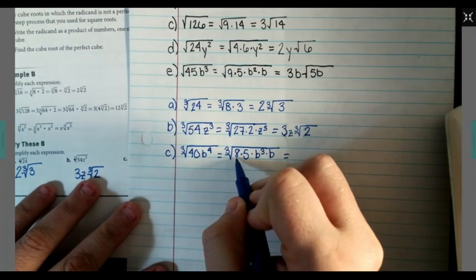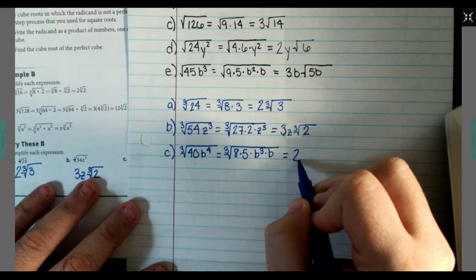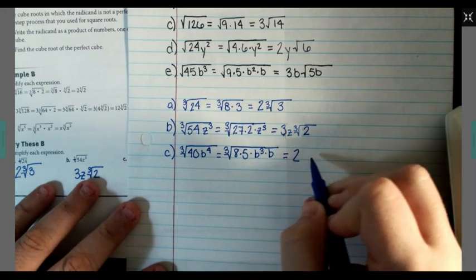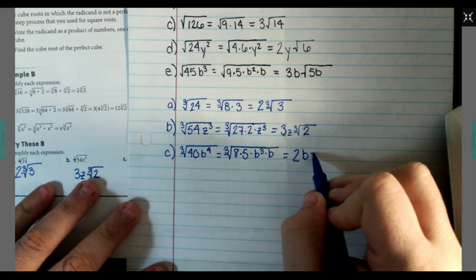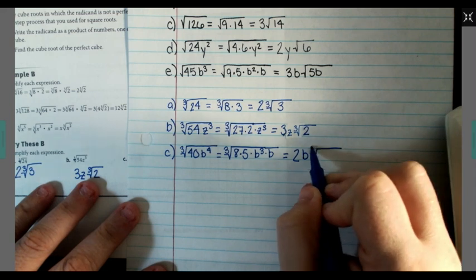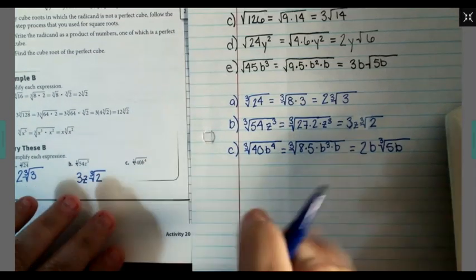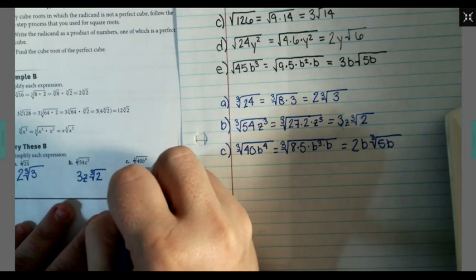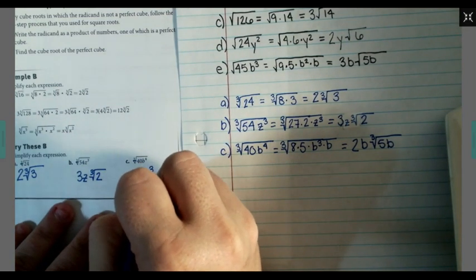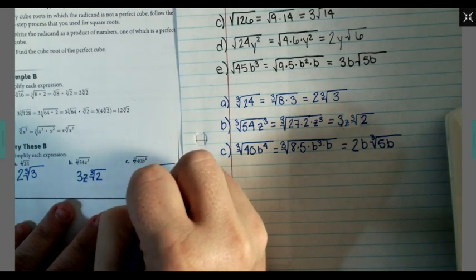Well, we already know that the cube root of 8 is 2. I know that the cube root of b cubed is b. And that leaves me with the cube root of 5b. So that's 2b cube root of 5b.